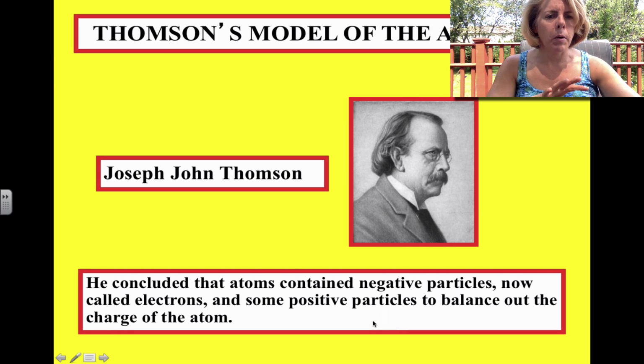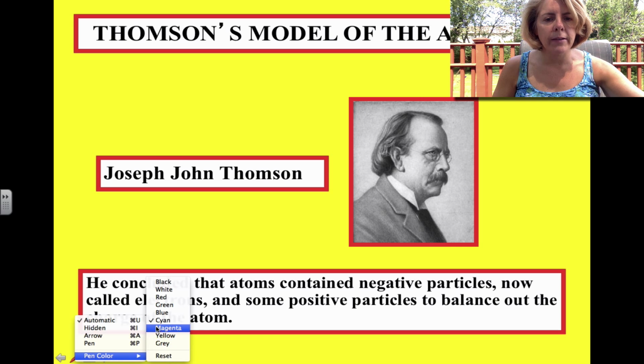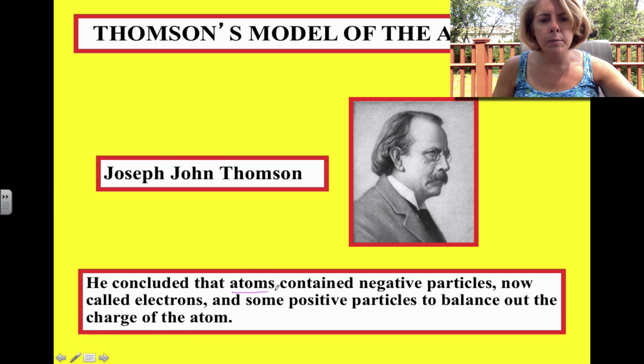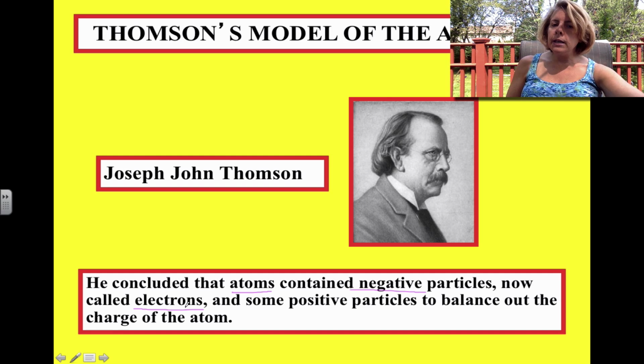So J.J. proposed that because of this attraction to the positive plate, atoms contain negative particles. And these negative particles, he called them electrons. So he discovered actual presence of an electron, and he devised that there had to be some positive particles to compensate for that negative charge.